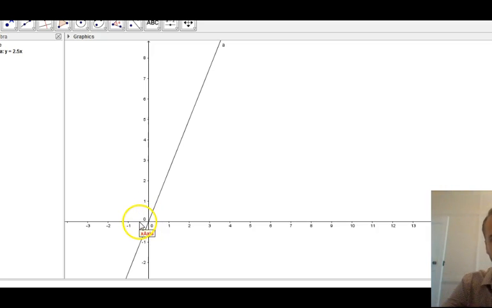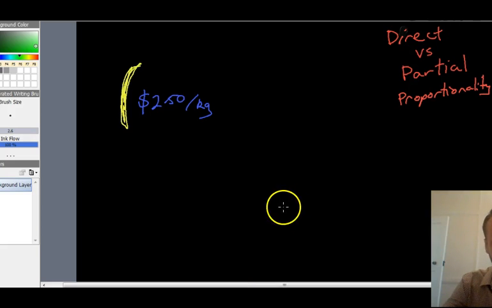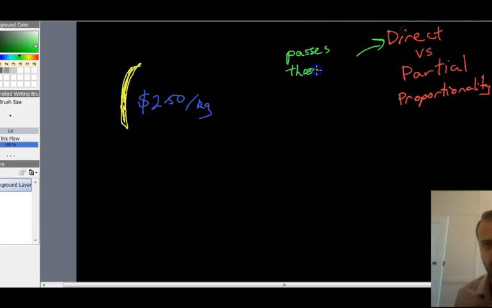The important thing to note about this is that if you buy 0 bananas, it will cost you $0. Why am I stressing this point? Because that is what direct proportionality is. If we want to talk in purely mathematical terms, it passes through the origin.